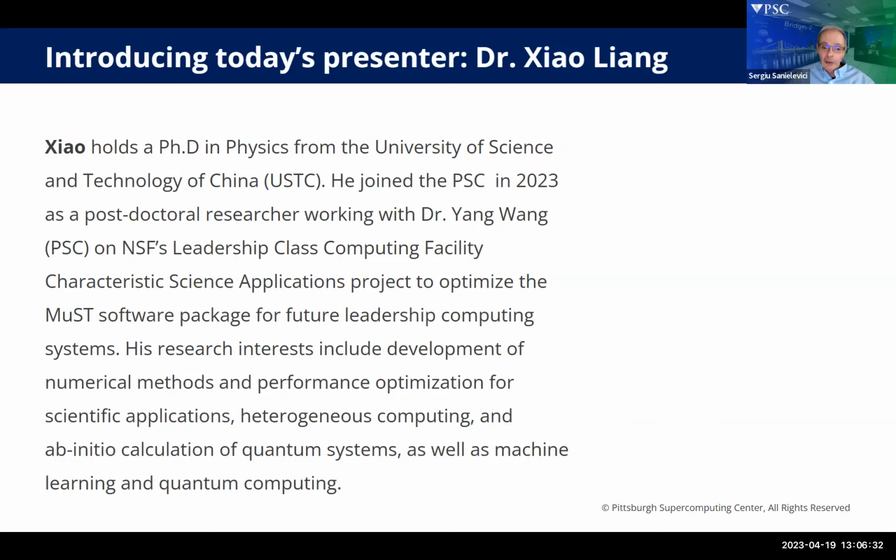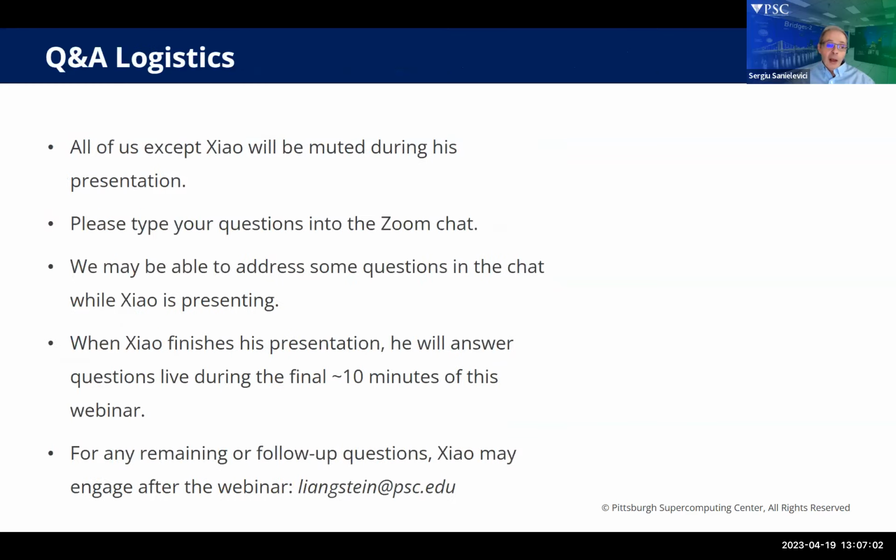So Yang has a grant to work on that, and Xiao will be working with him on that. But as you see here, Xiao has more general research interests. And so we're all very happy to hear from him. And I think a particular focus, which is probably of interest to a lot of us, is how to use multiple GPUs in parallel on a single job.